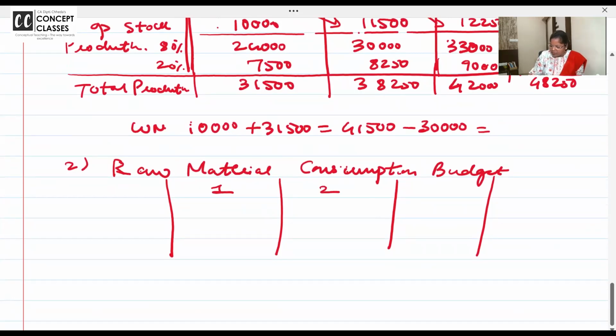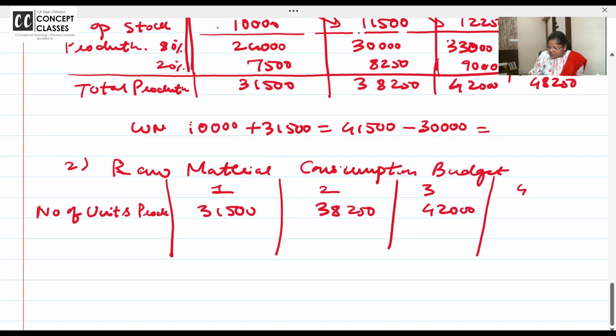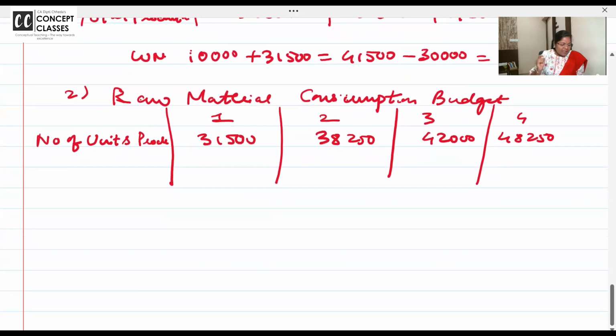First quarter, second quarter, third quarter, fourth quarter. Number of units produced: 31,500, 38,250, 42,000 and 48,250.